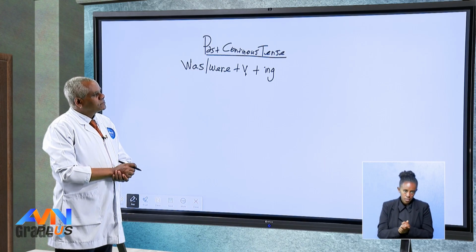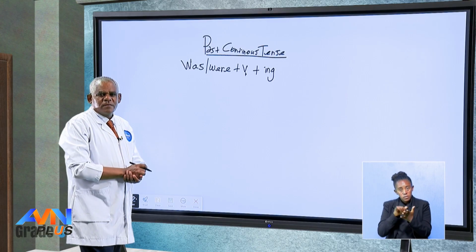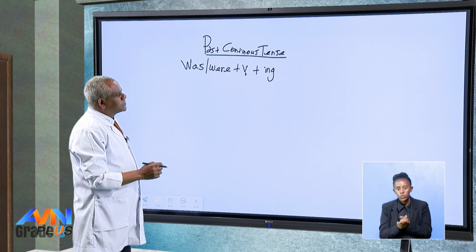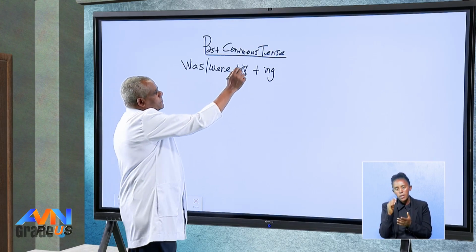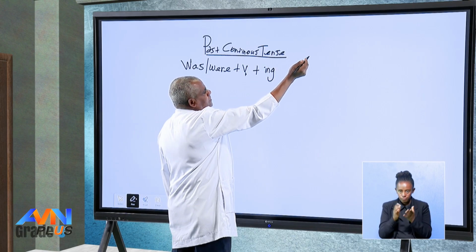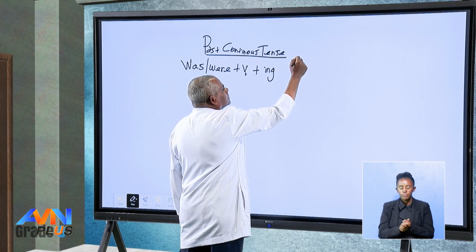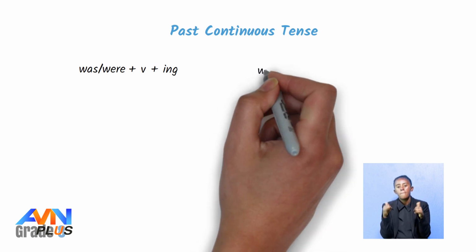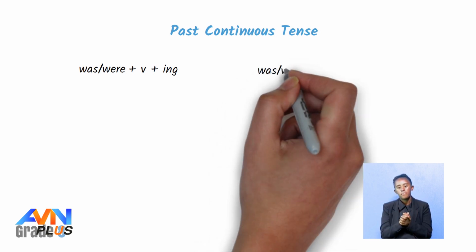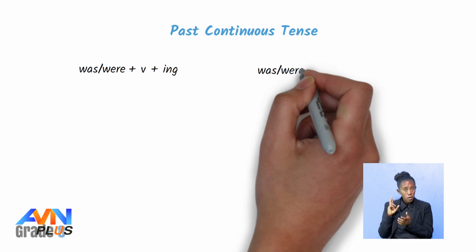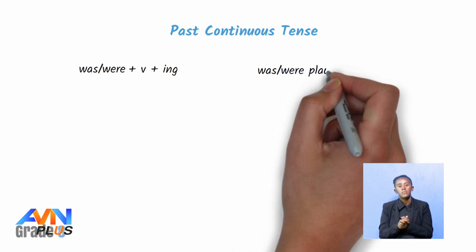Shall I give you some common verbs? Good. Let's go. Play, right? Was or were, and then playing.